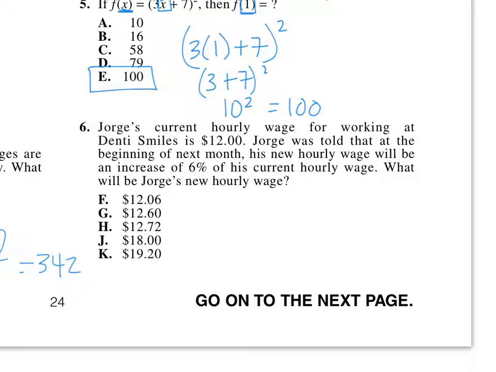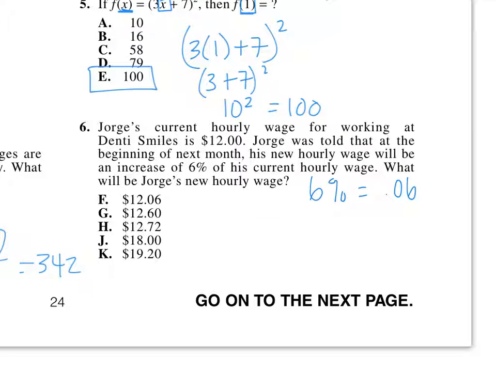All right, question 6. Jorge's current hourly wage for working at Denti Smiles is $12. Jorge was told that at the beginning of next month, his new hourly wage would be an increase of 6% of his current hourly wage. What will Jorge's new hourly wage be? So 6% we first need to make into a decimal. So 0.06. But that doesn't just mean he's making 0.06 cents more.